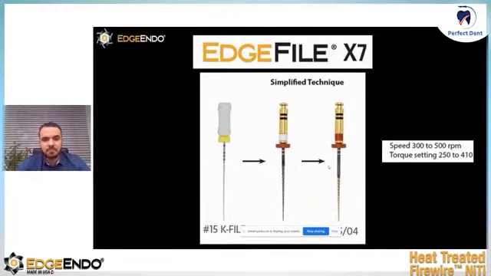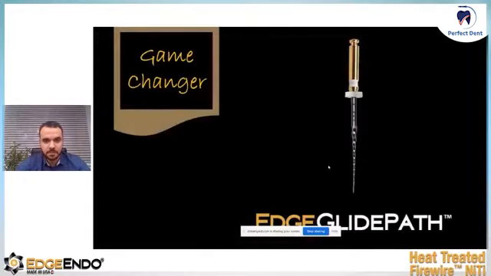Simplified technique: using a 10 file for scouting or making a glide path, 10 file, then 15 file. After that, I use the 4% file size 0.25 in a straight canal, at the torque and speed of the manufacturer.